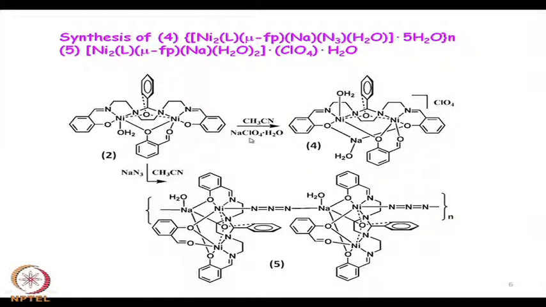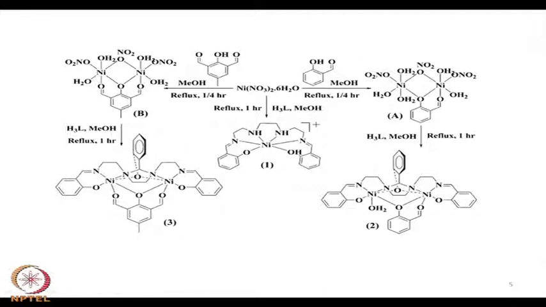sodium perchlorate. So, with this compound you see the reactivity pattern, because if you can recall, we have identified that this particular compound is not a neutral compound, because all the time we ask what type of compound you are getting, whether a cationic compound or a neutral compound, because when we talk in terms of interaction with some other biological stuff, say simple interaction with the DNA molecule, which is anionic.